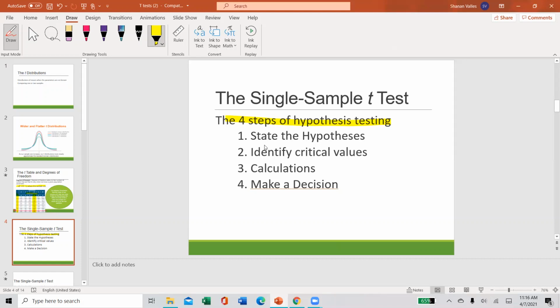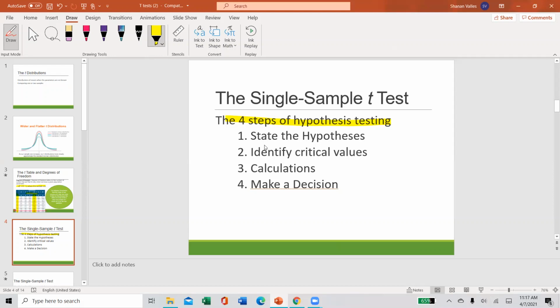Step 3 is the big step. This is the step that takes the most time, the most effort, the most work that we have to do. And this is where we do all of our calculations. This is the math step. And then the last step is make a decision. If you remember from last week, we discussed that we were either going to reject the null hypothesis or we were going to accept or fail to reject the null hypothesis.